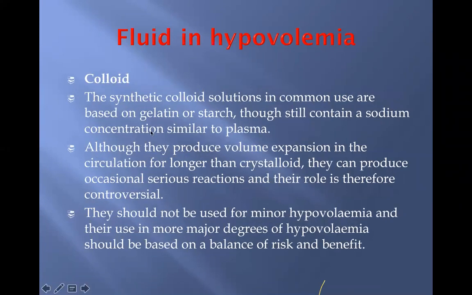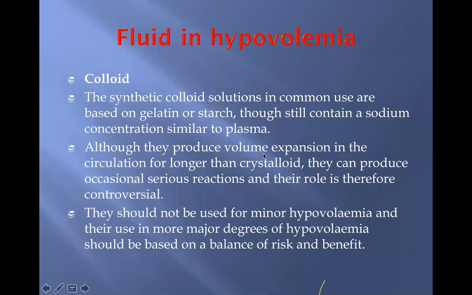Colloid. The synthetic colloid solutions in common use are based on gelatin or starch, though they still contain a sodium concentration similar to plasma. Although they produce volume expansion in the circulation for longer than crystalloid, they can produce occasional serious reactions, and their role is therefore controversial.